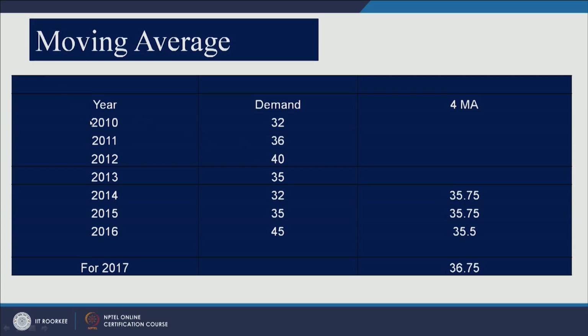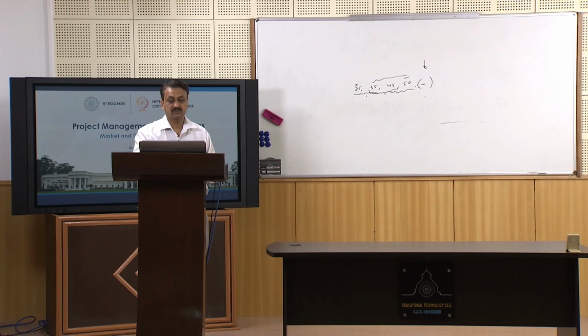Let us say you have got demand data of 2010: 32 units, 2011: 36, up to 2016: 45, right. So, if I want to know the 4 month moving average forecast for year 2017, right.